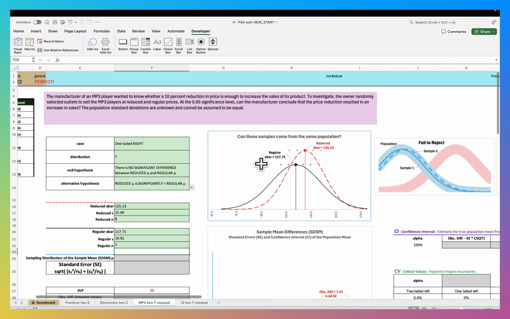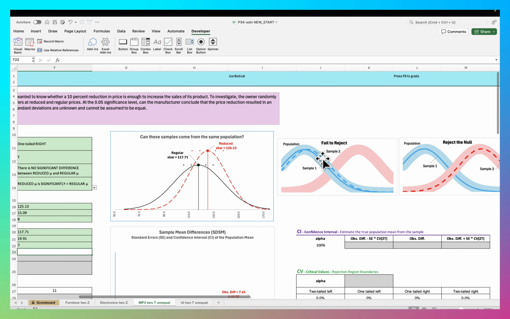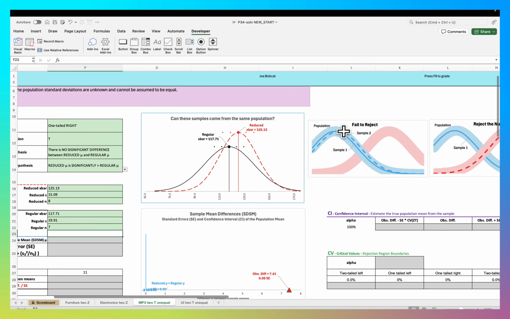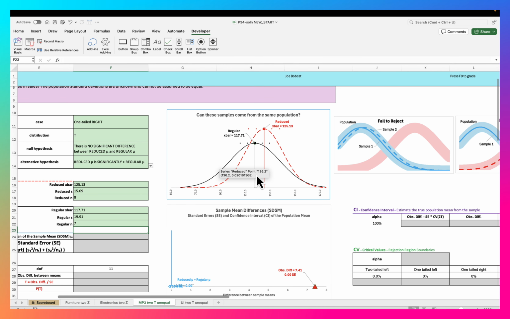All right, so let's look at what we're all about. If the two samples came from the same population, from this blue band, then we would fail to reject. But if they're different enough, in particular the dashed line here is different enough, then we'll say it's from a different population. So here's where we're actually at.